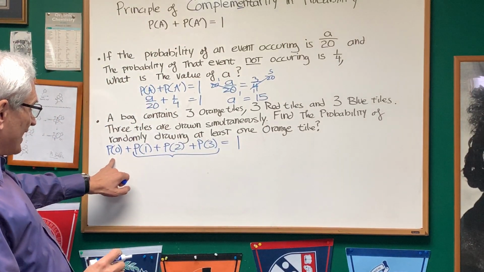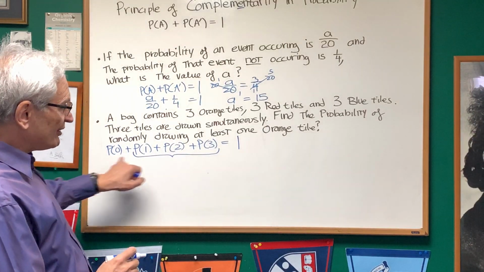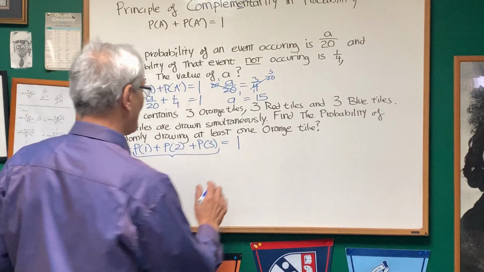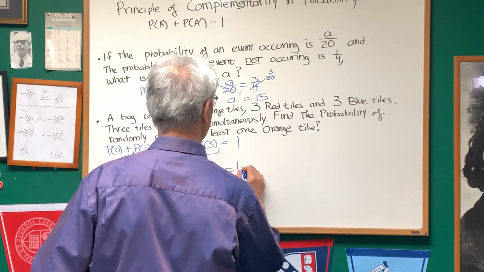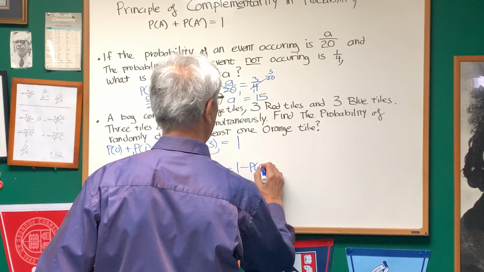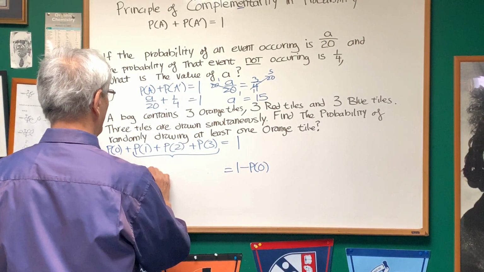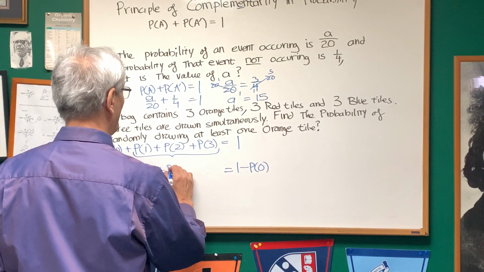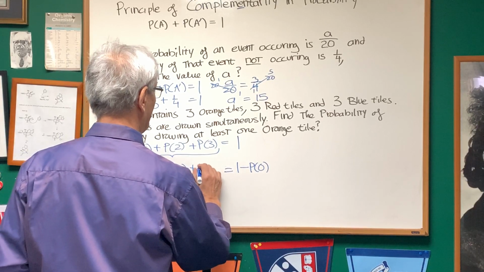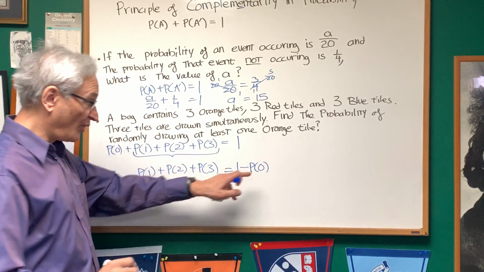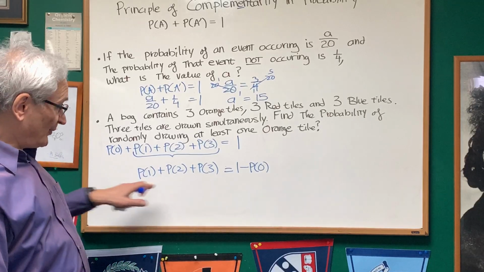What if we subtract P, the probability of 0 orange tiles, from both sides of the equation? Then we get 1 minus the probability of getting 0 orange tiles. Look at the expression on the right. We only really have 1 probability computation to perform. Subtract it from 1, and we will get the answer.